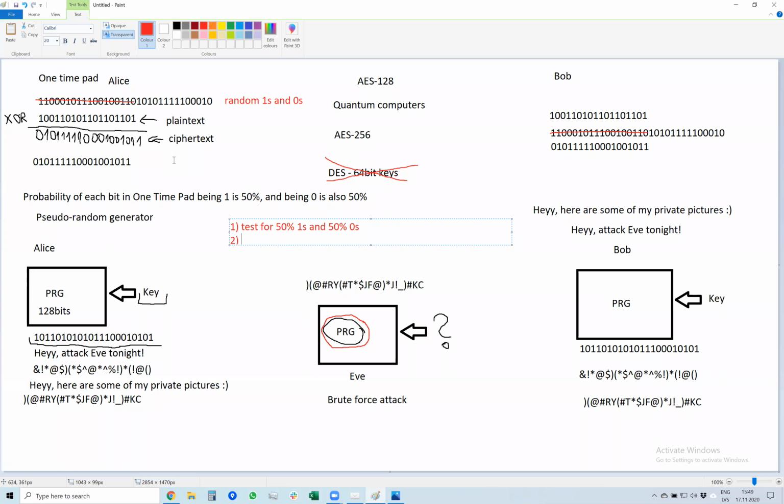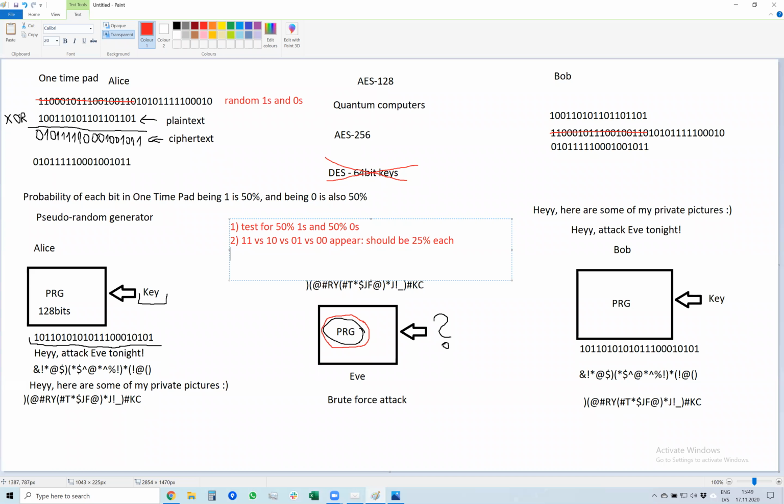They count how many pairs of 1 1 versus 1 0 versus 0 1 versus 0 0 appear, and each should be 25%, right?